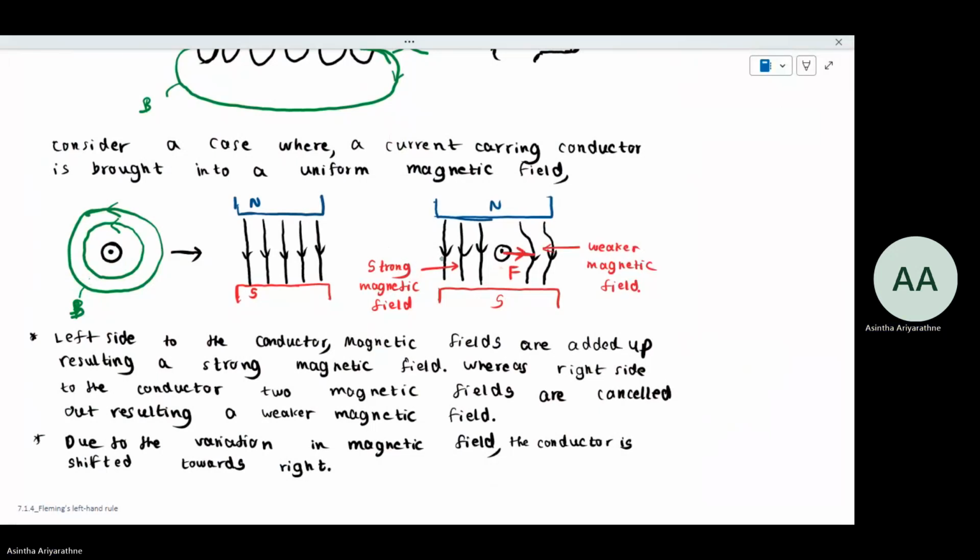Towards the left, the magnetic field is stronger because the two magnetic fields add up. Towards the right, the magnetic field is lower because they cancel out. Due to this variation in strength, the conductor will be shifted towards the weaker magnetic field, towards the right.